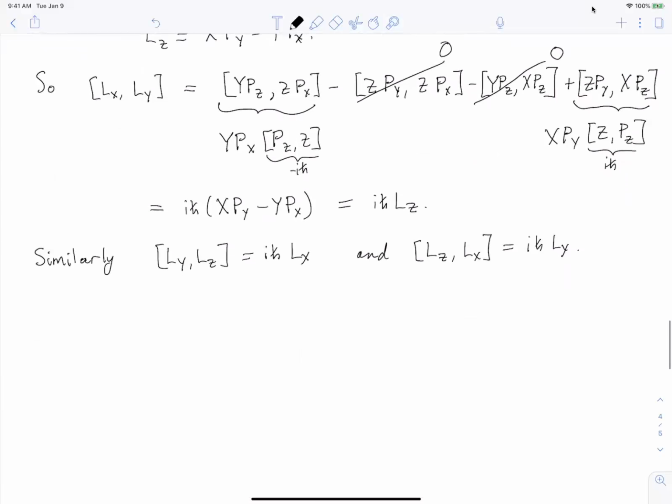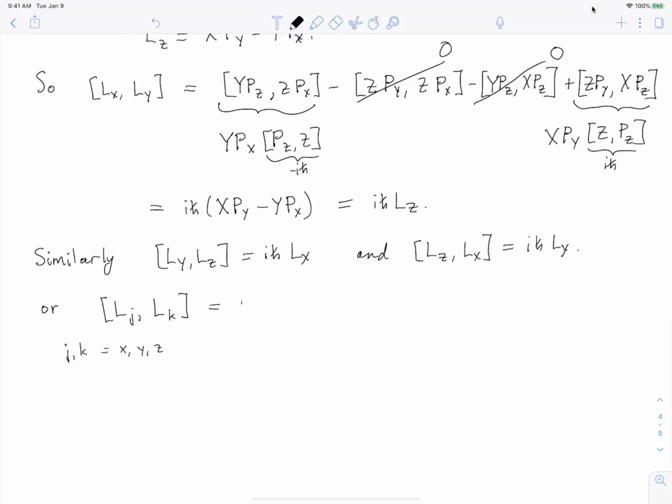Okay, so one can summarize this in the following way. If I take any particular component of L with any other particular component of L, here j and k are going to be x or y or z.